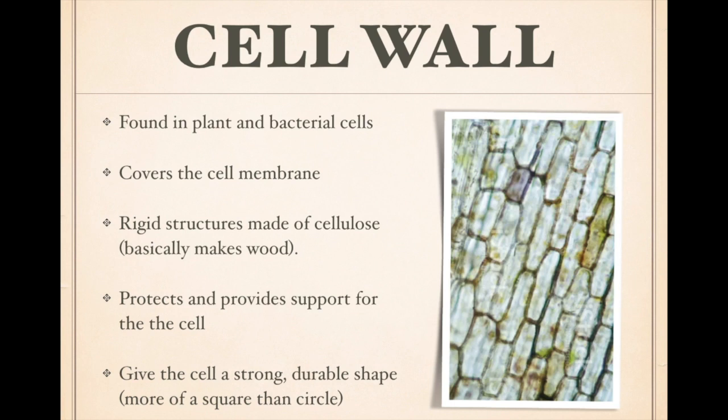Okay, the cell wall. The cell wall is an extra layer around the cell membrane. So animal cells just have a cell membrane. Plant cells have a cell wall. Now, plant cells are not always going to be rectangular, but they're going to be more rigid. And that's primarily because of the cell wall.